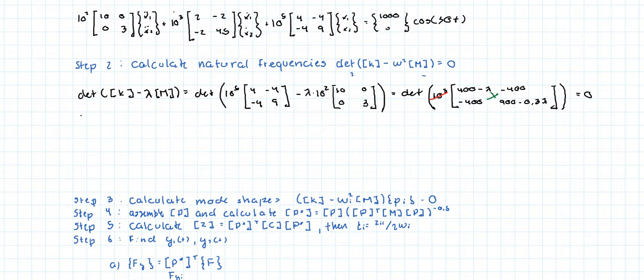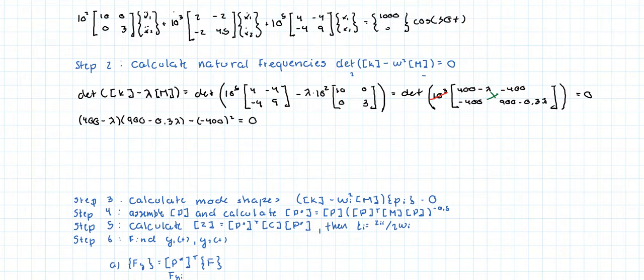So if you do that, you're going to have 400 minus lambda times 900 minus 0.3 lambda minus 400 squared equal to 0.